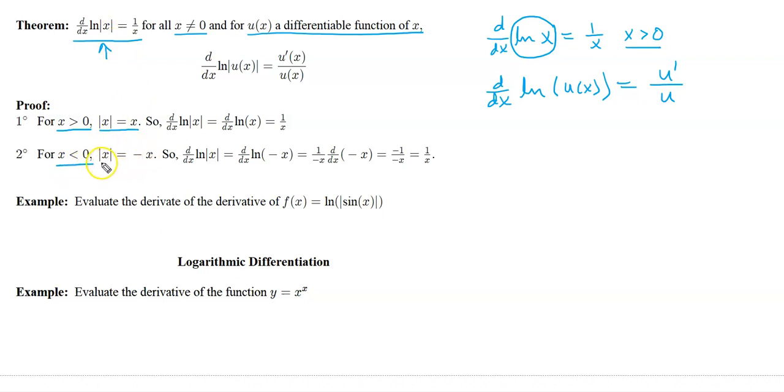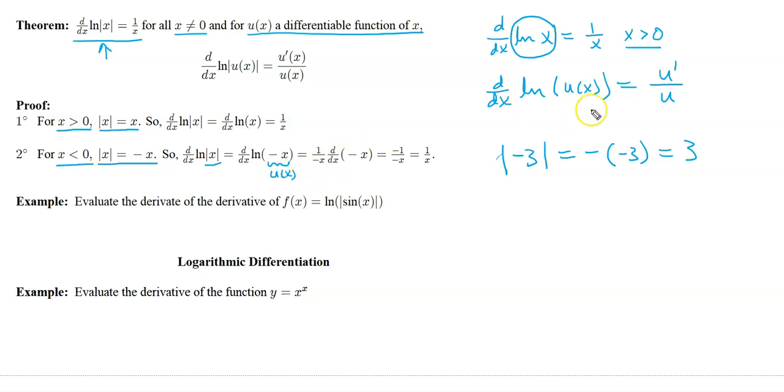If x is a negative number, notice that we can write the absolute value of x as negative x. For example, the absolute value of negative 3 we can write as negative of negative 3, which gives us back positive 3. So notice the negative 3 here is playing the role of the x over here. So what we can do then is we'll say that the derivative of the natural log of the absolute value of x, we can replace this absolute value of x with negative x right here. And now think of this as being a u of x.